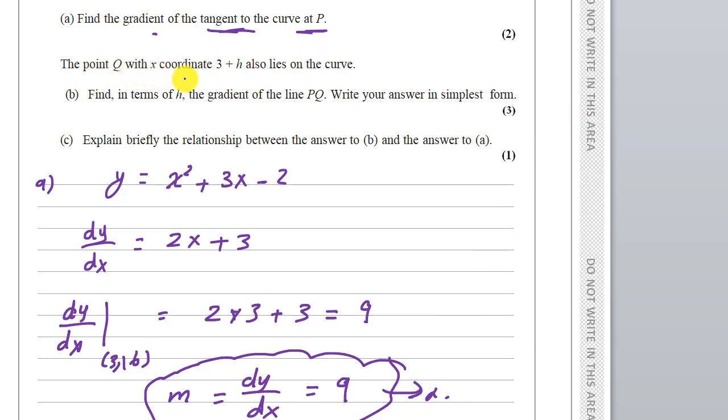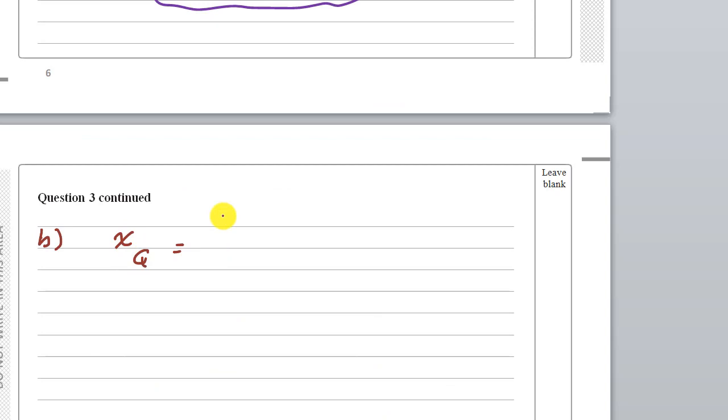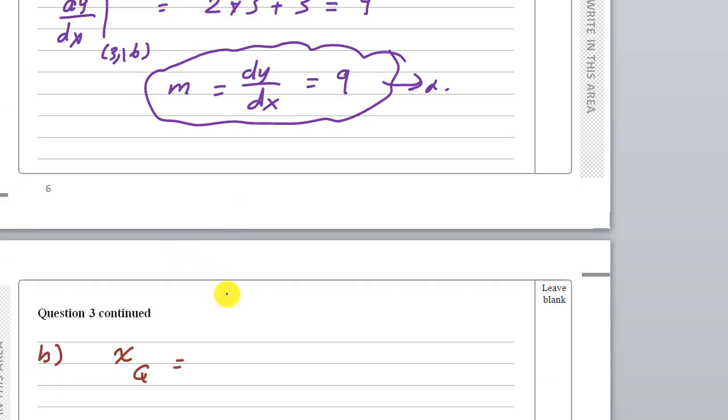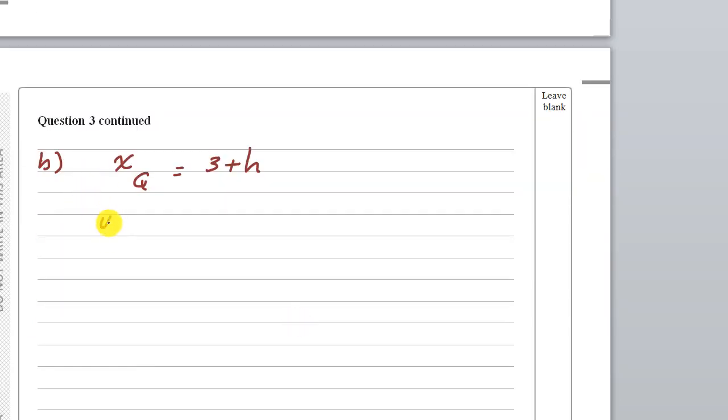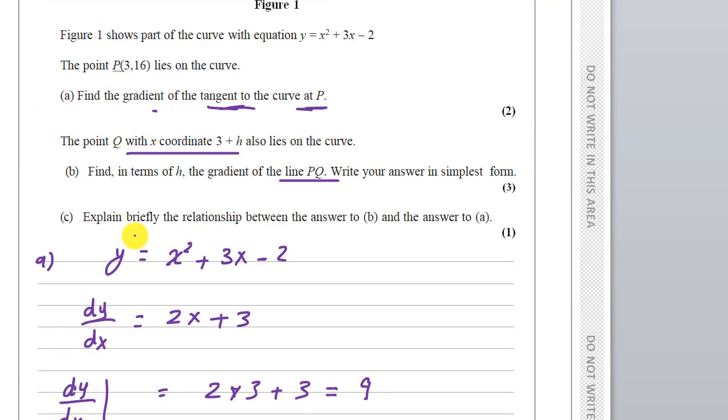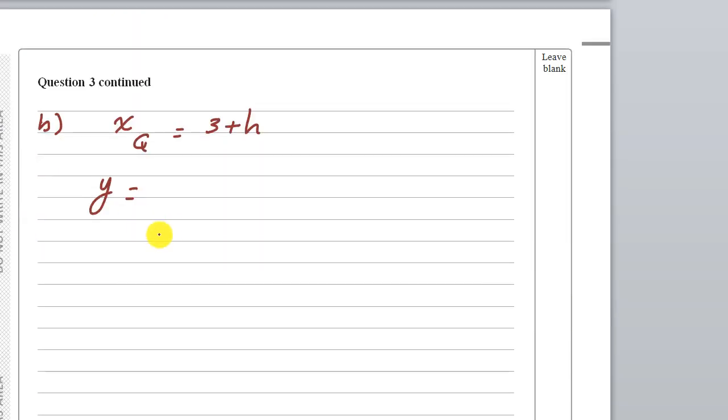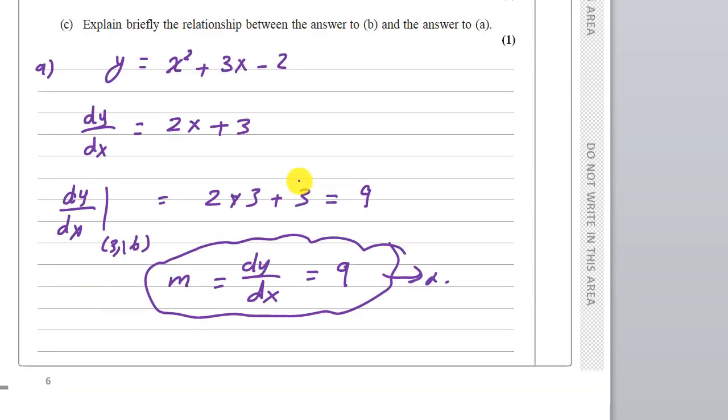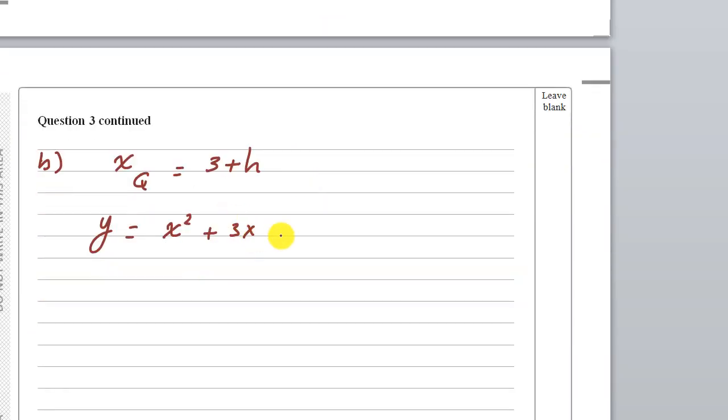Now the point Q with x coordinate 3 plus h also lies on the curve. Find in terms of h the gradient of the line BQ. Write your answer in the simplest form. xq is equal to 3 plus h. And the curve y is equal to x squared plus 3x minus 2.